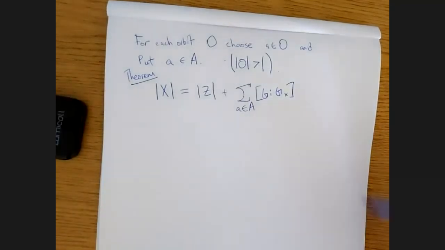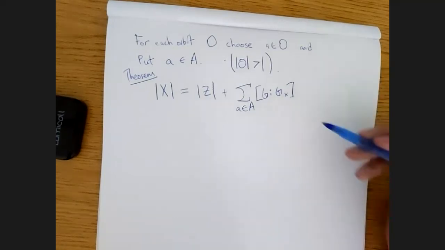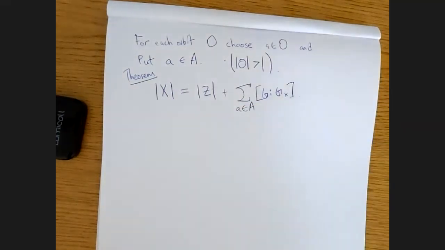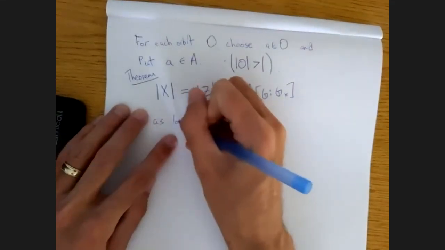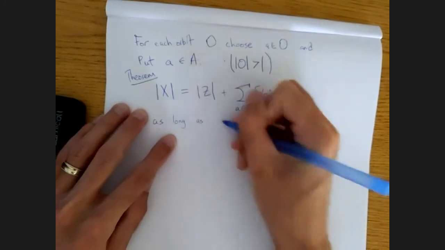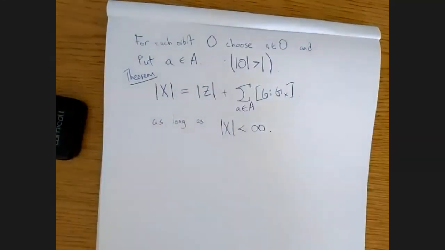Okay, and there's a hidden condition: this only makes sense if X is finite. So I'll put that as long as the number of elements of X is finite. Okay, so that's our class equation.